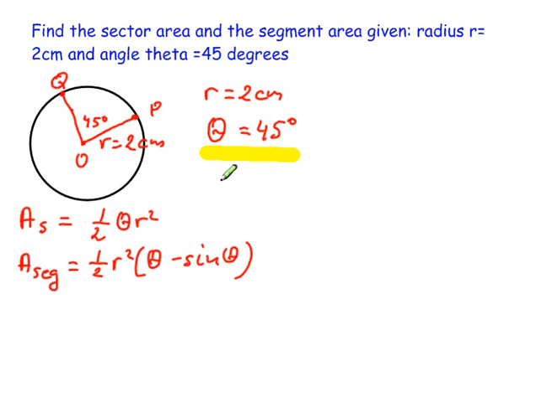So we have to change into radians. So this is very important. You must be aware of that. Many times you may be given a question to find the area of a sector. The angle in between two radii is in degrees. Common mistake, people plug in and get the wrong answer. So change into radians. So 45 degrees.